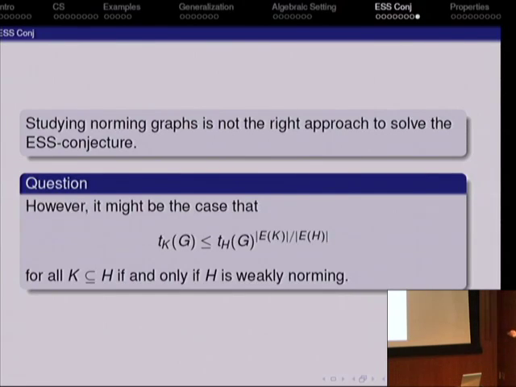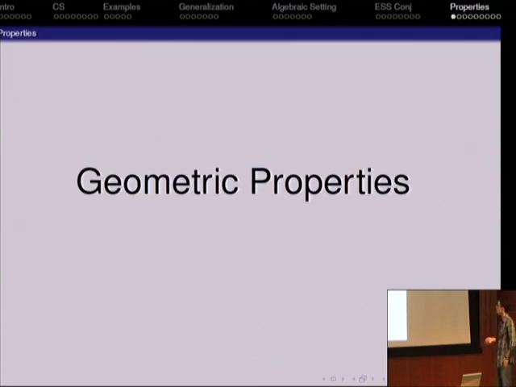So for which graphs H, for any subgraph K of H, do we have this inequality? This might turn out to be the same class as weakly norming graphs, but I don't know the equivalence. This much stronger result might actually be equivalent to weakly norming.